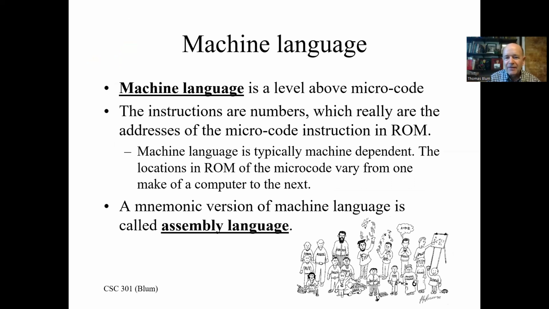Okay, so we have the machine language, which is above the microcode. And then we have this ROM. Now, I always have to say this weird expression: ROM is RAM, but RAM is not ROM.